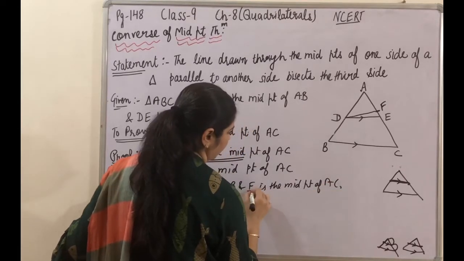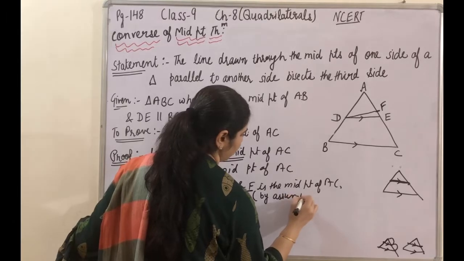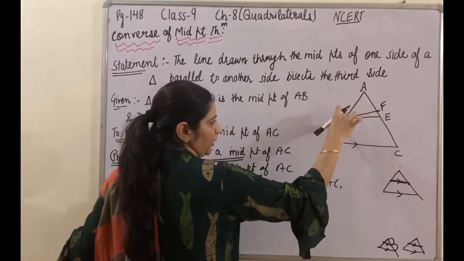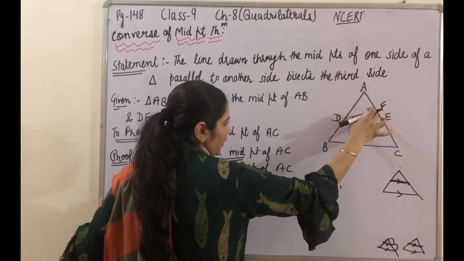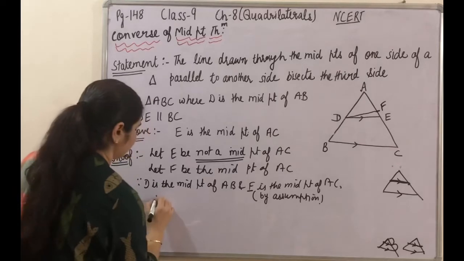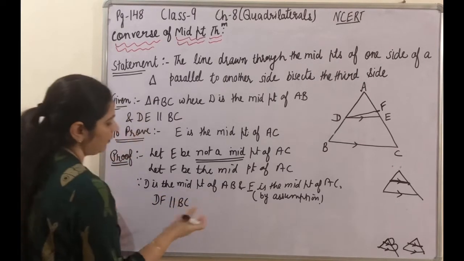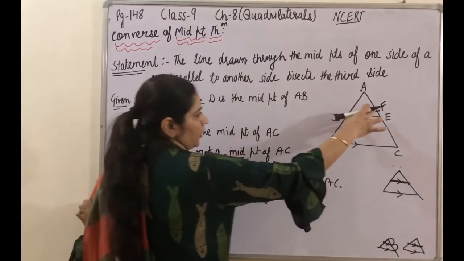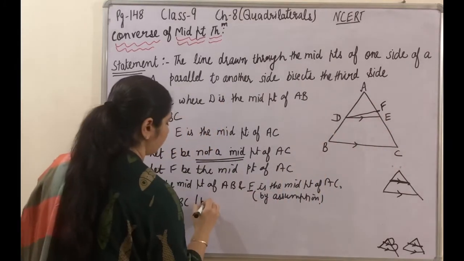Why is F the midpoint? Due to our assumption. It is not given; E is the midpoint already given, and here we assumed F is the midpoint. So I can say DF is parallel to BC by the midpoint theorem. Half is not required here.